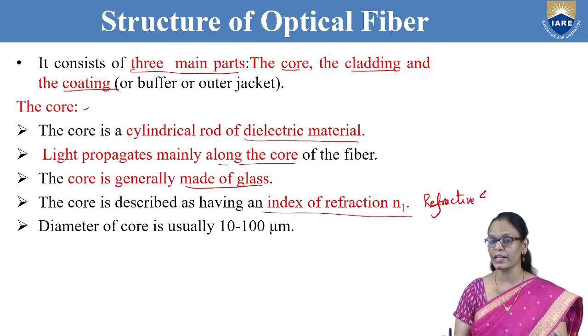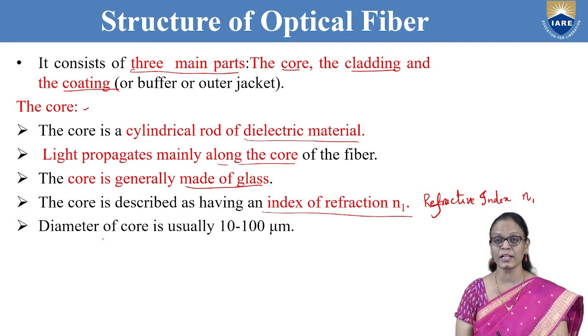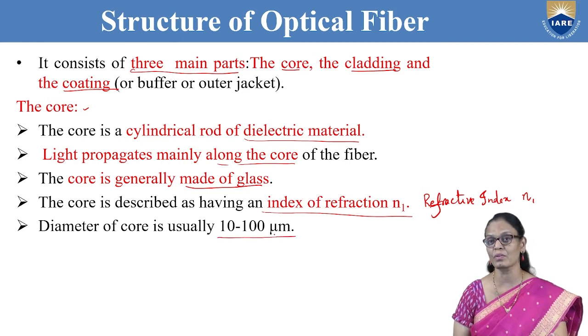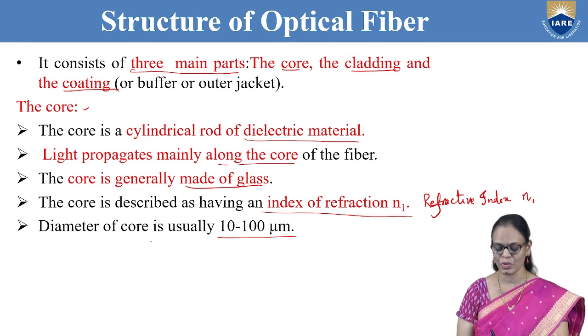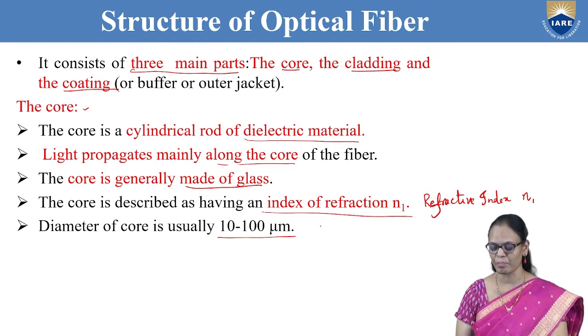So generally the refractive index of the core is represented by N1 and the diameter of the core is 10 to 100 micrometer. Micro means 10 power minus 6. So the diameter ranges from 10 into 10 power minus 6 to 100 into 10 power minus 6. So 10 power minus 6 meter is 1 micrometer.